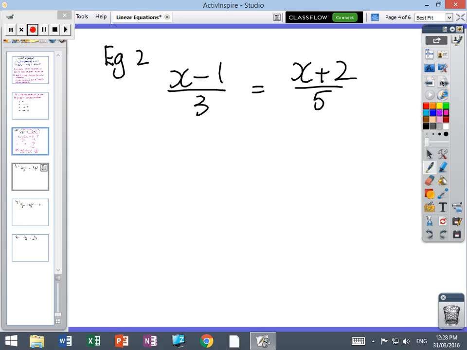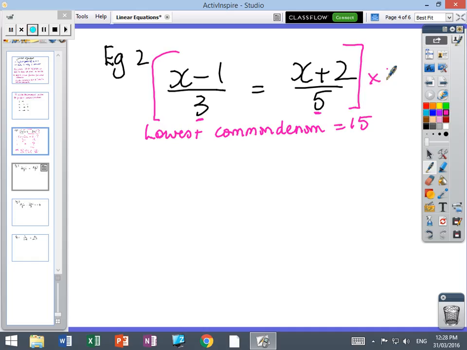Okay, so now we've got some fractions. So we've got denominator 3, denominator 5. So the lowest common denominator is going to be 15. So what I do is I'm going to multiply everything by 15 because that's the lowest common denominator. And what happens is we've already got 3 there.